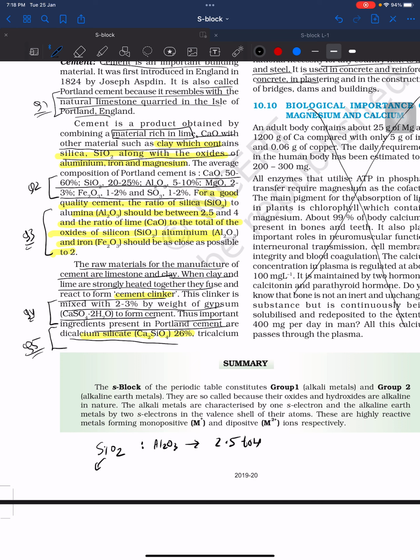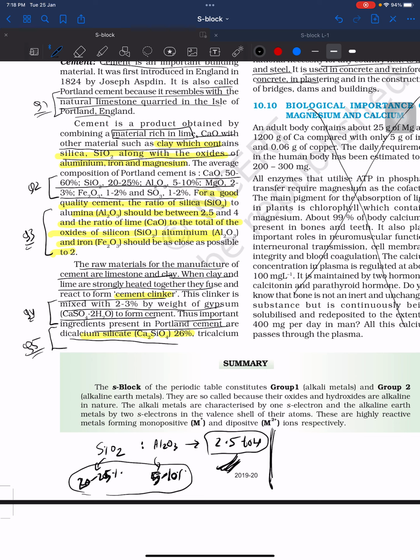As we know, silica is nearly 20 to 25%, and alumina is nearly 5 to 10%, so the ratio comes out to be nearly 2.5 to 4 times, which is correct.